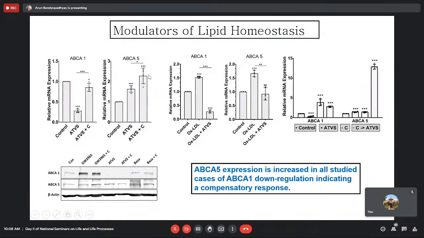But ABCA5 level is increased very significantly, because ABCA5 is a transporter which could be the sensor for high cholesterol load. I am trying to drive you in that direction, and this is also true in the presence of oxidized LDL and other stimulators.